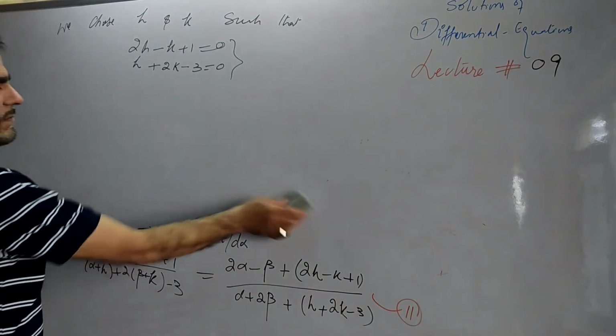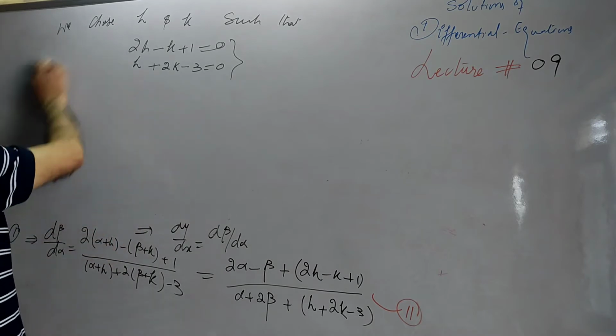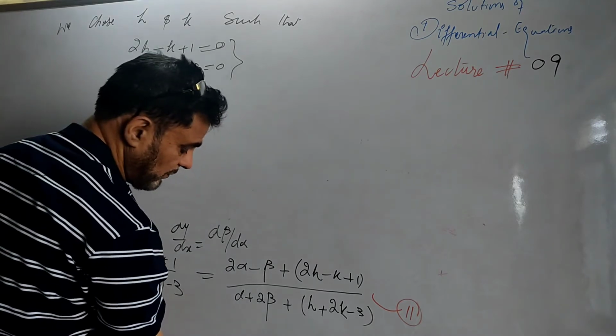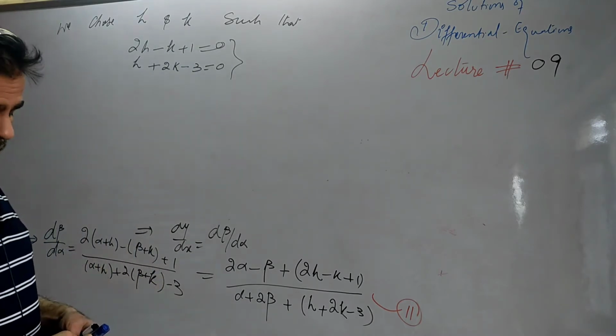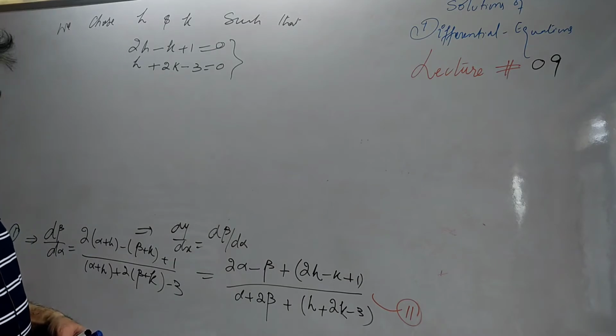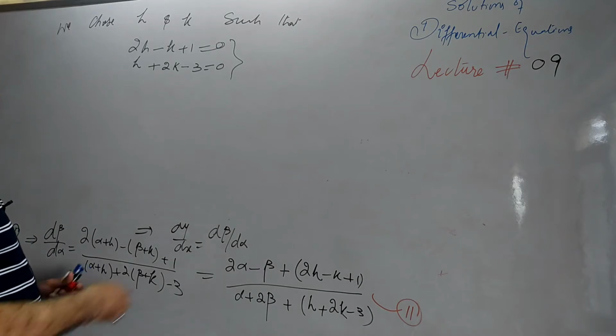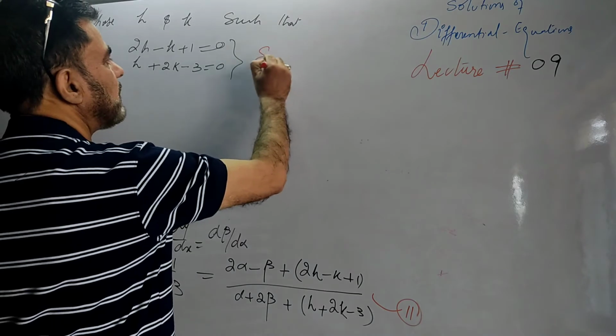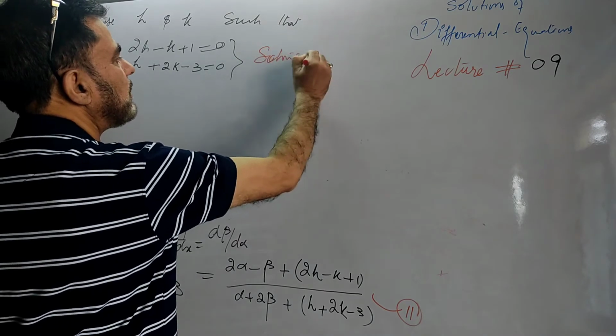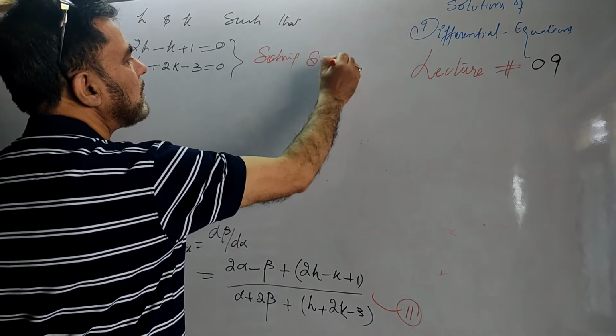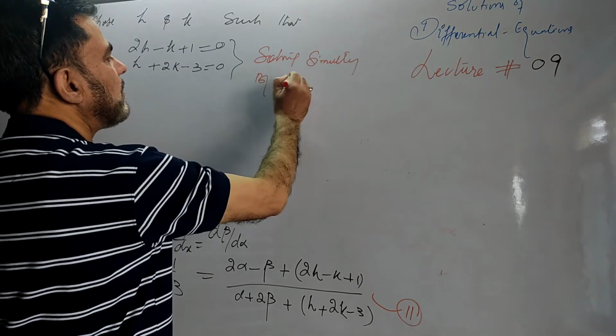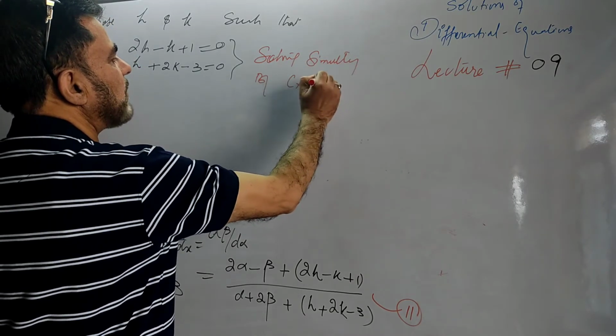Now how do you find this h and k? In the previous lecture I have given you the method to solve these simultaneously, by the cross multiply method.